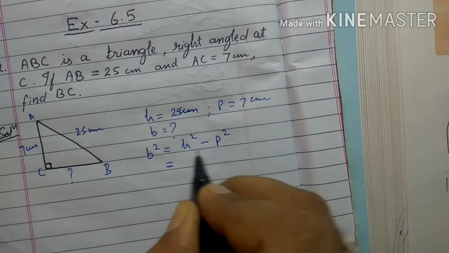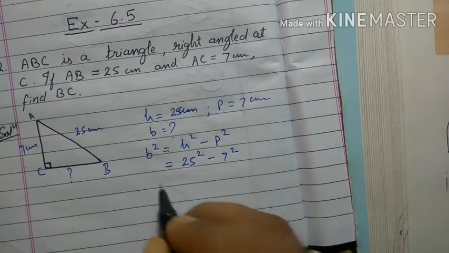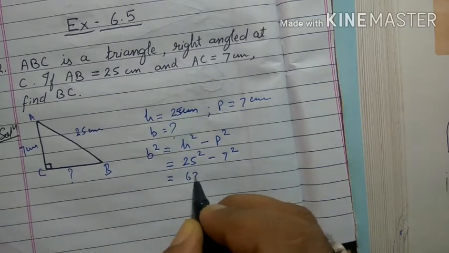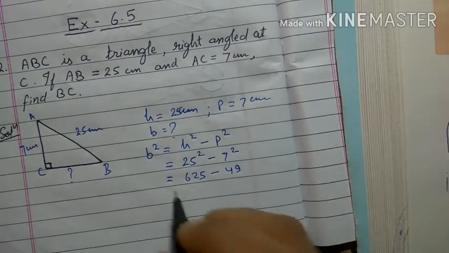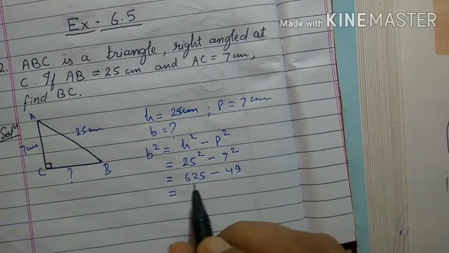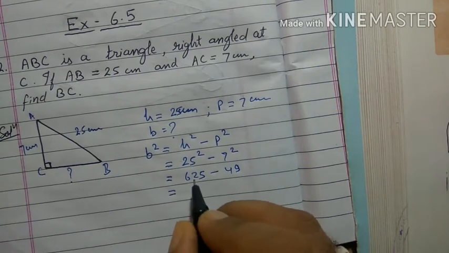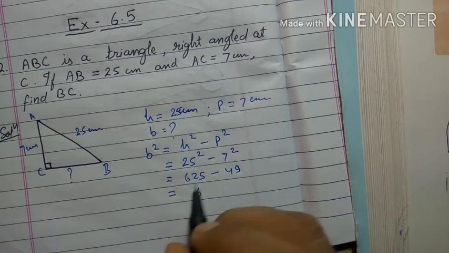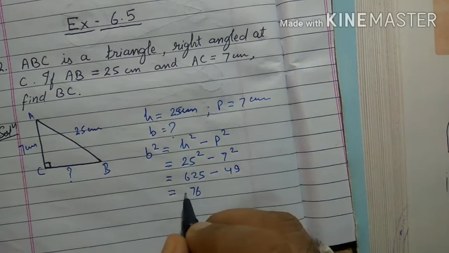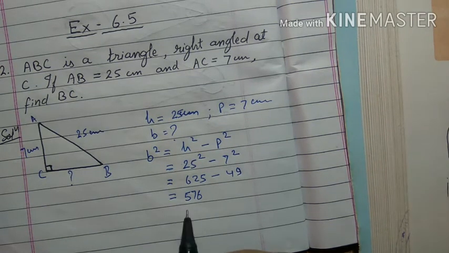On putting the values, 25 square minus 7 square, so 25 square is 625 minus 7 square is 49, and the difference of 625 minus 49 is 576.